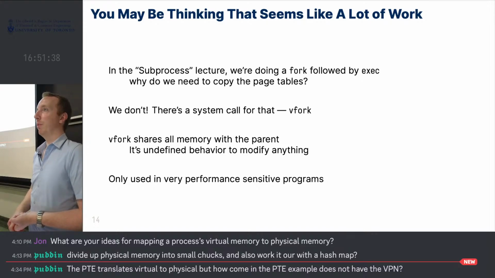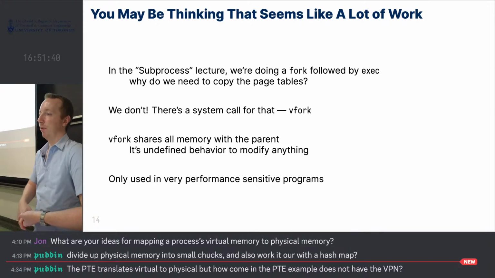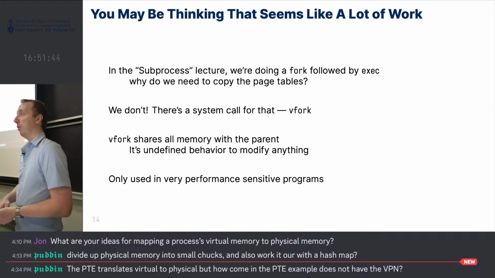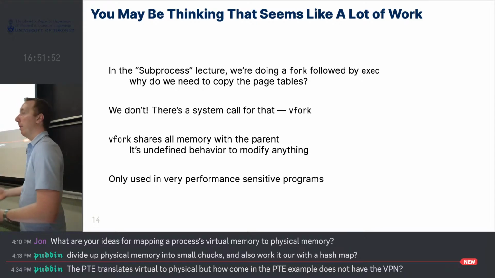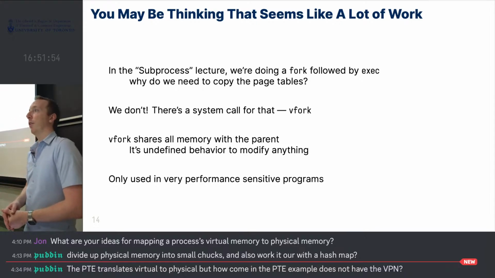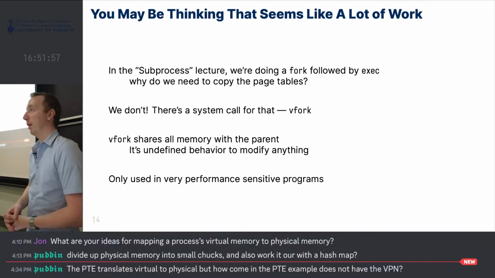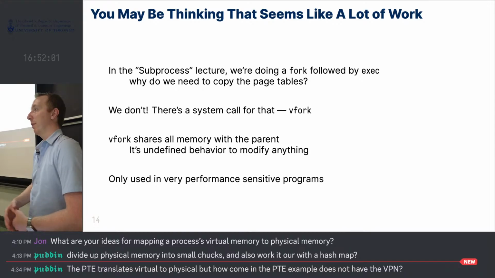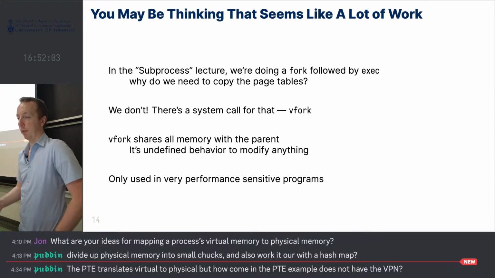We wouldn't need to copy a huge page table if we exec directly afterwards. We are executing a new program, and it would reset the page table for that process for the mappings for that program. So it's a bit of a waste to copy the page table in that case, and there is a special system call that will not copy the page tables.